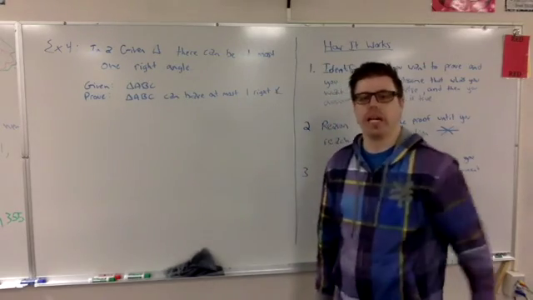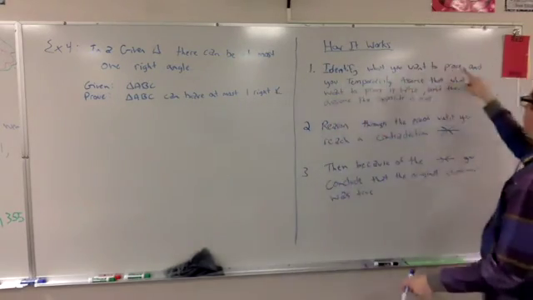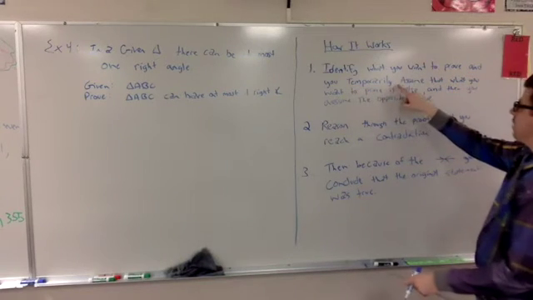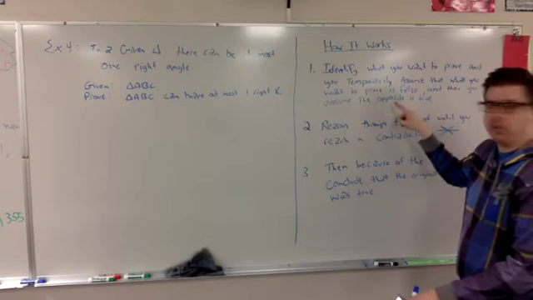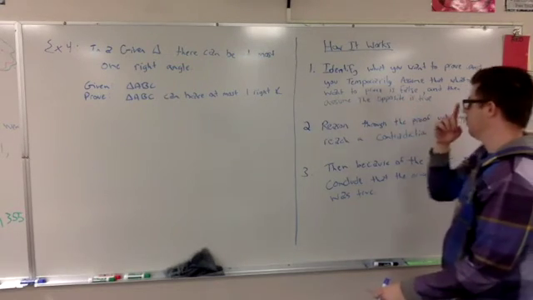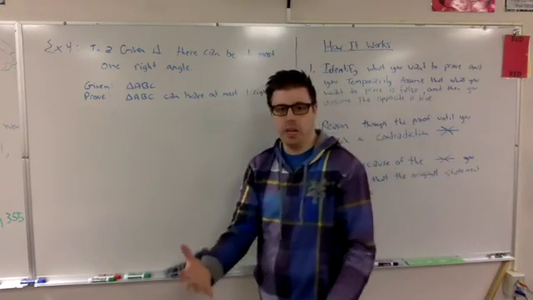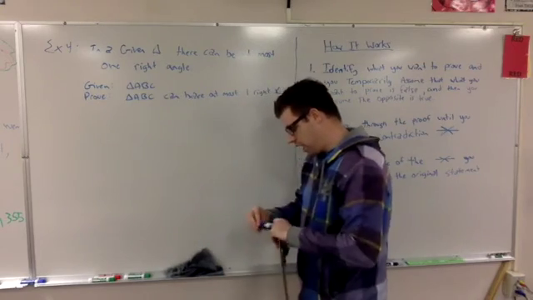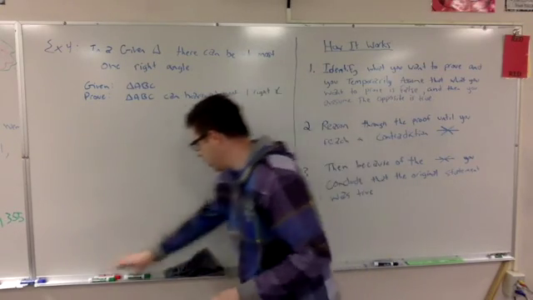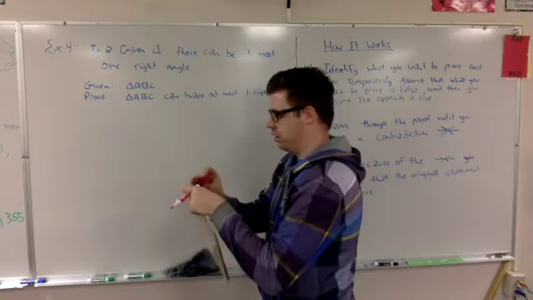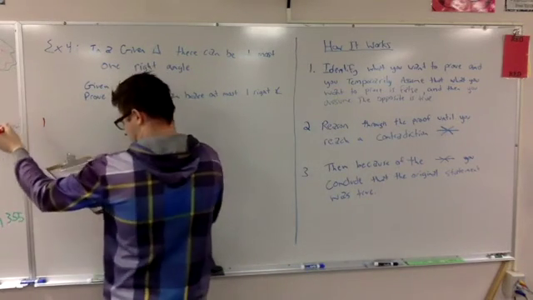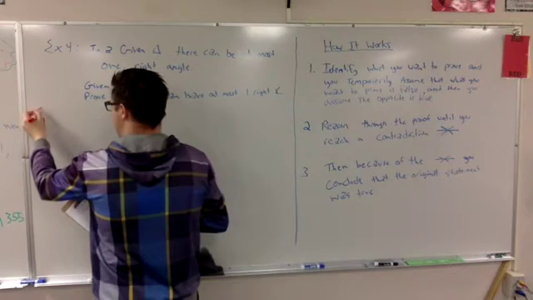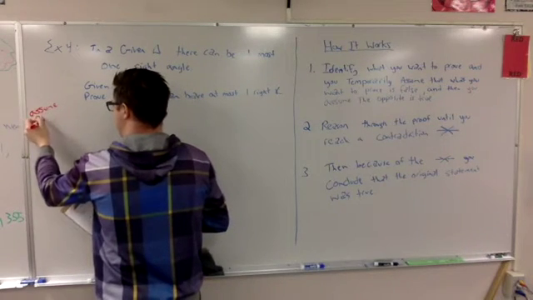It can only have one right angle. So we identified what we want to prove. Now it says we have to temporarily assume what we want to prove is false. Okay, so we're going to start off our proof. I'll switch colors here. So this is 1. We're talking about assume opposite.